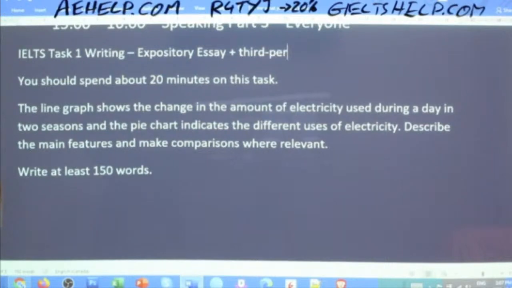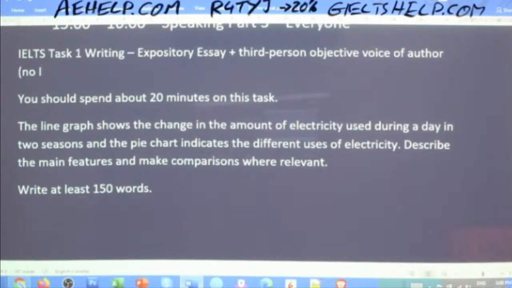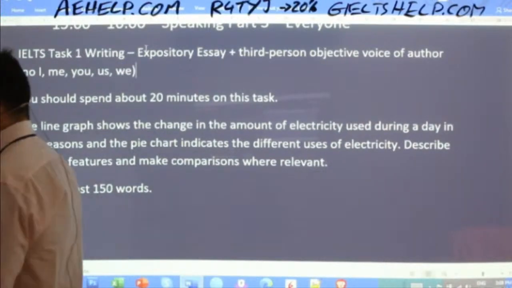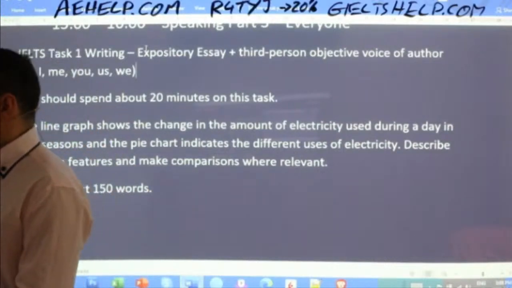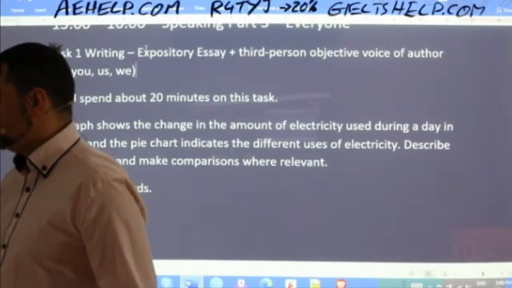Third person objective voice of author. That means you do not use I, me, you, us, we. Don't use those kinds of words. Stay in the third person voice, all right? Good.